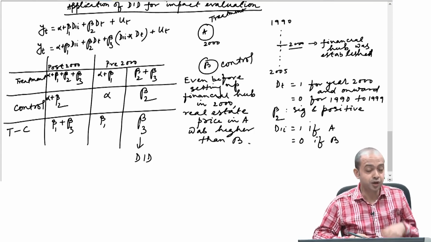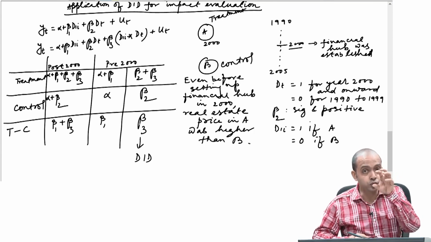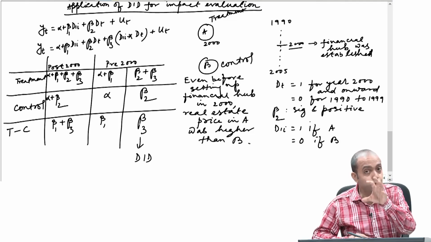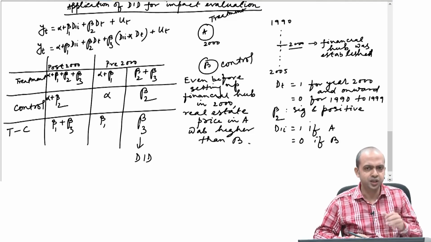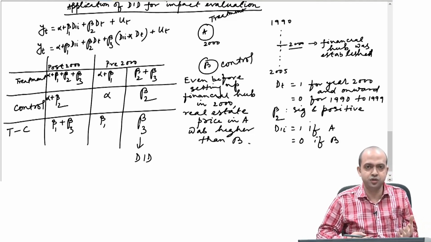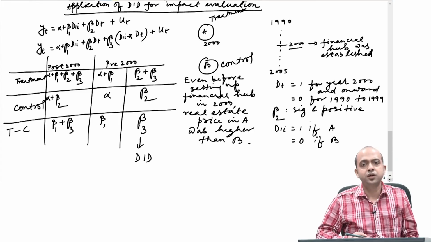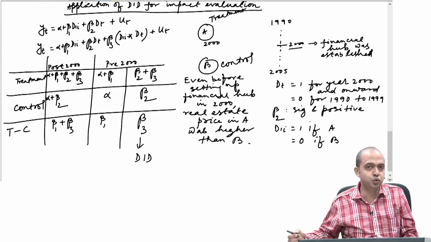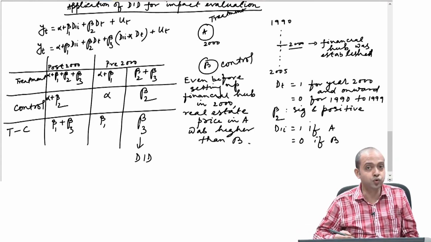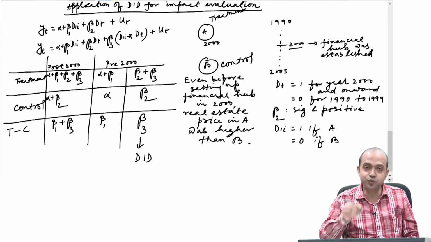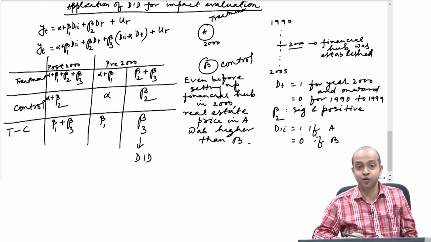Because it may so happen that the group of women you are considering were already empowered even before joining. They were more empowered compared to the control group, that means those who have not participated, even before joining the self-help group.